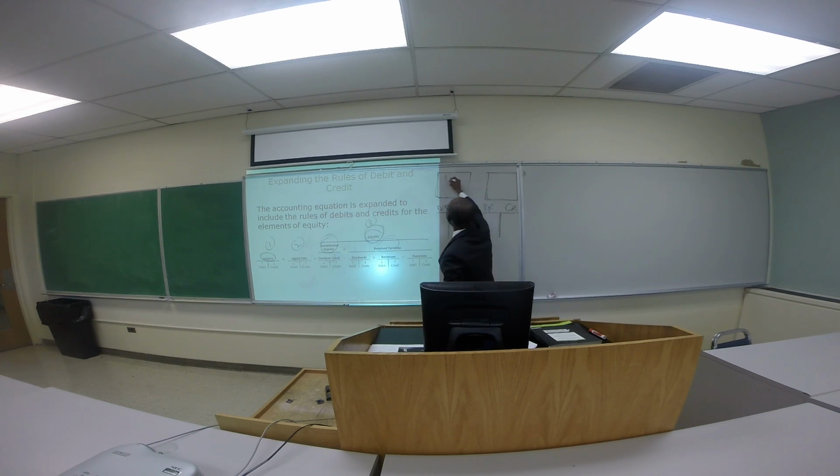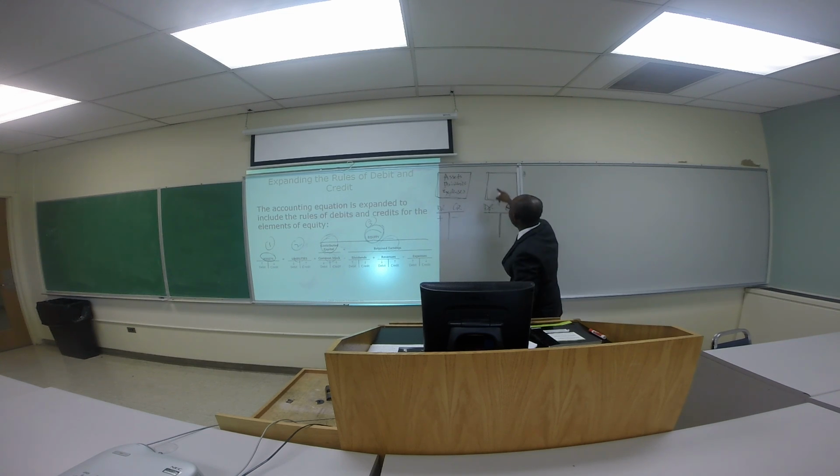The first one is assets, the second one is dividends, and the third one is expenses. So we have assets, dividend, expenses.